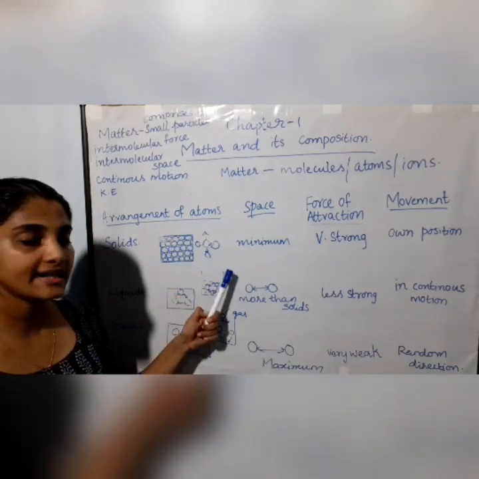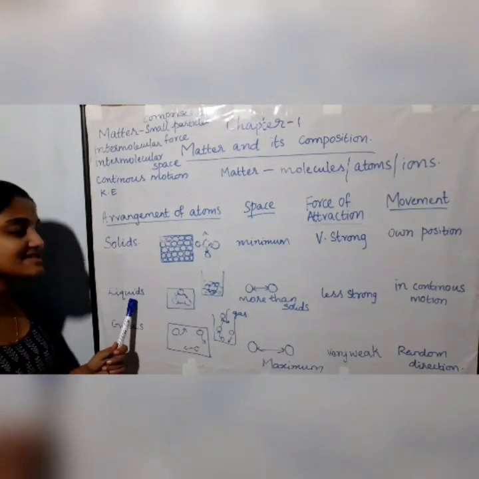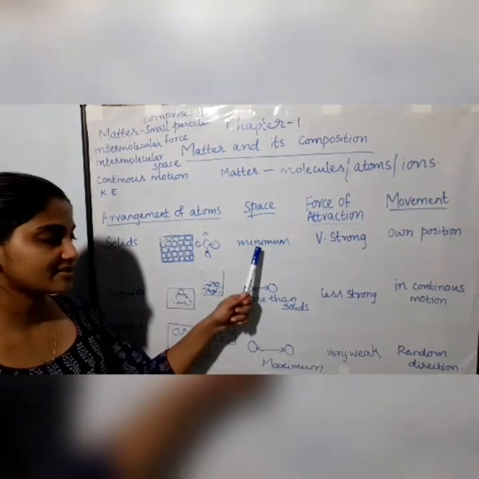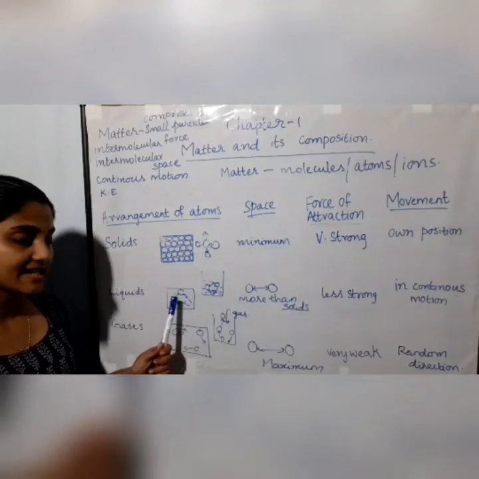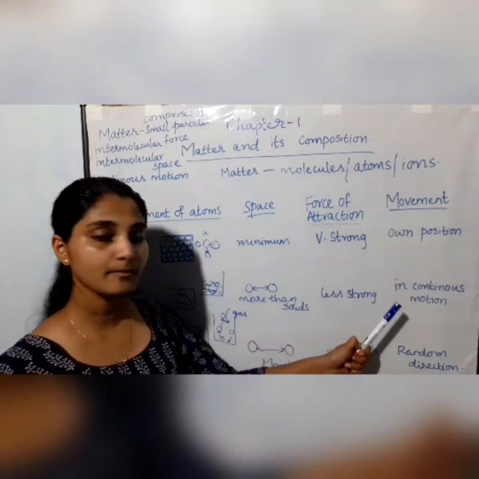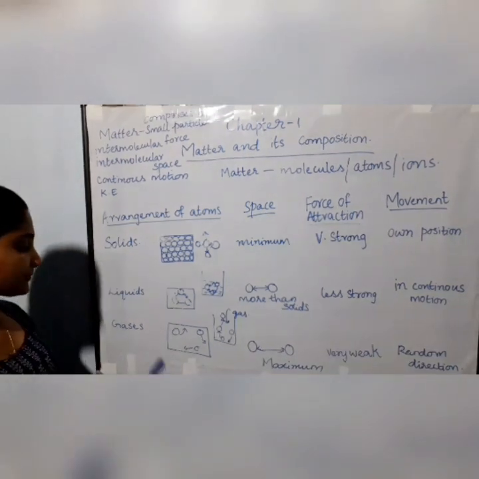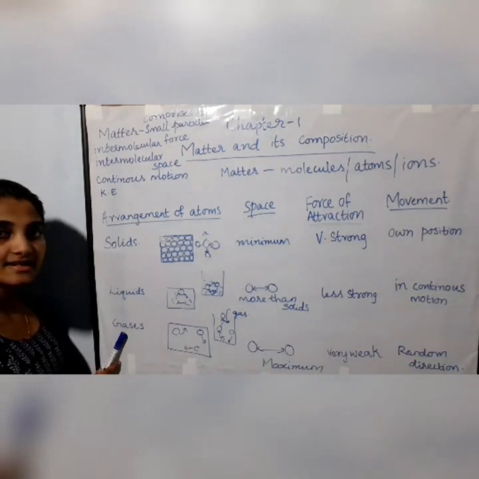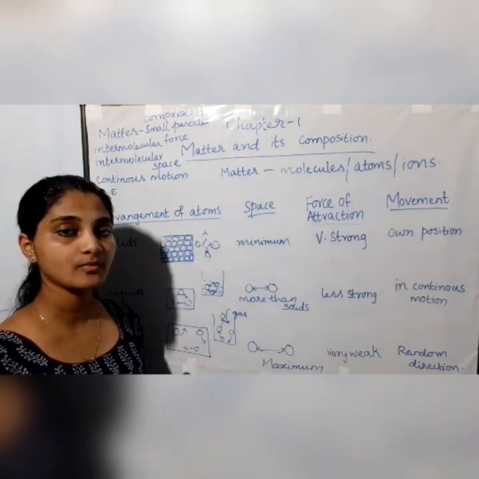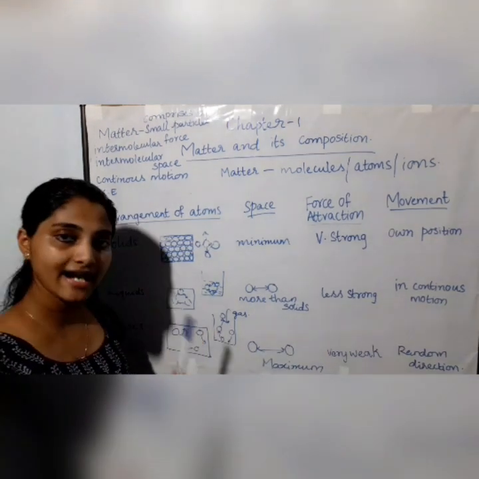They move only in their own position. In case of liquids, the kinetic energy is slightly more compared to that of solids because they are slightly far apart, and therefore they can move slightly more compared to solids. And in case of gases, the kinetic energy will be very high for the atoms or molecules. Why? Because they are in random motion.